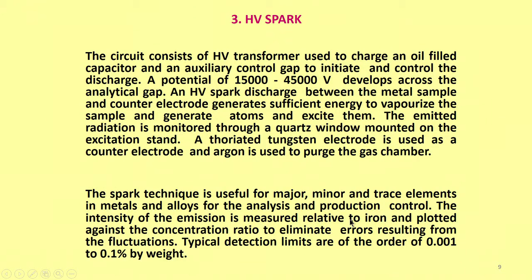So, we use a small quantity of iron and measure the signal relative to that, and that is plotted against the concentration ratio to eliminate the errors resulting from the fluctuations. Normally what happens is even the iron signal fluctuates depending upon the voltage.